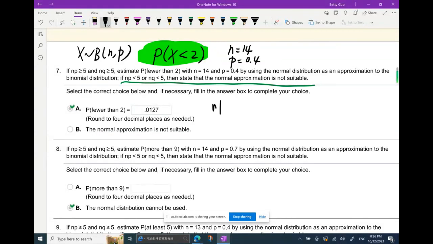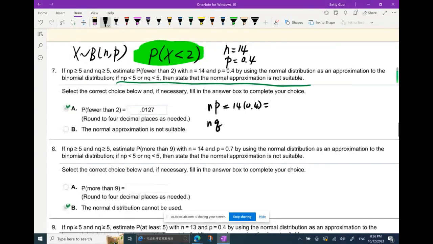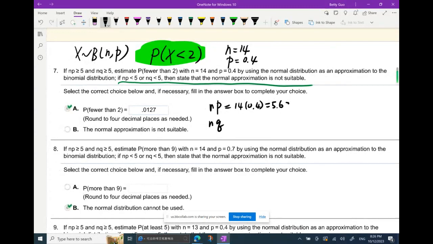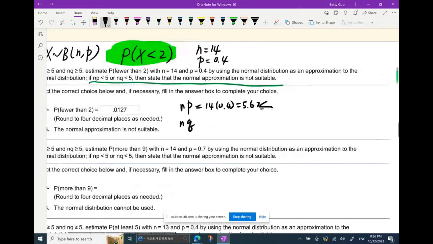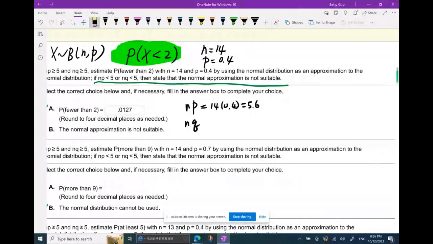Let's see what n times p is and what n times q is. n times p is 14 times 0.4, which is 5.6. It's bigger than 5, so no less than 5. And for nq, we know what q is, right? q is 1 minus p. p and q have to add up to 1.